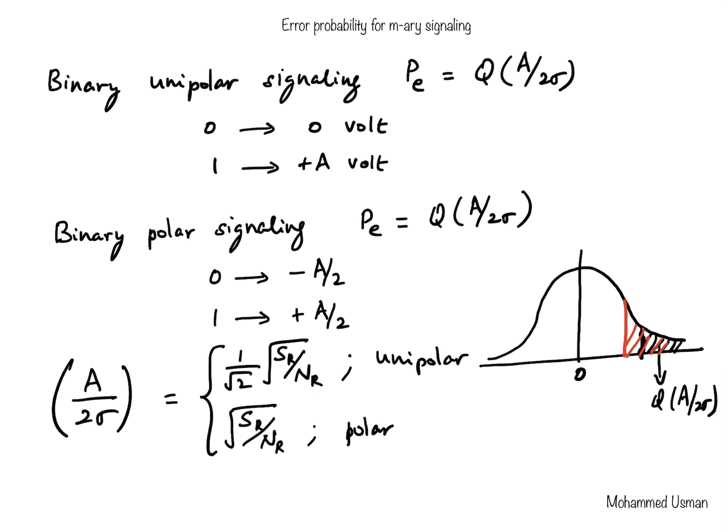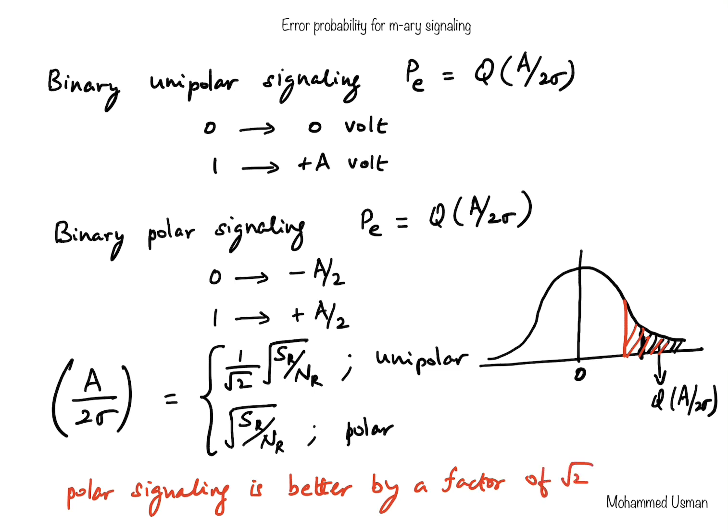It is smaller by a factor of root 2, so it has a bigger area to the right of it. That means the error probability is more in the case of unipolar signaling as compared to polar signaling. So therefore polar signaling is better by a factor of root 2 compared to unipolar signaling.